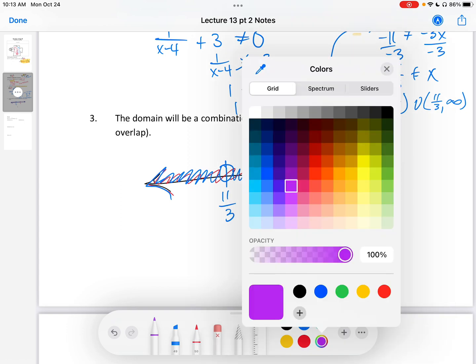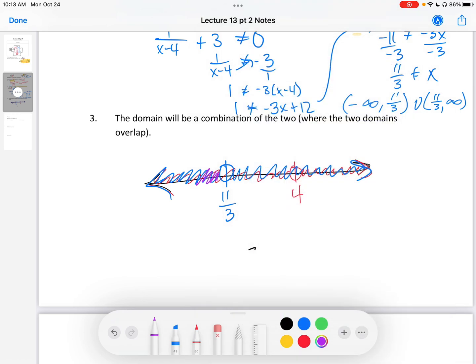So what does red and blue make? Well, it makes purple. Here I see red and blue. In between them, I see red and blue. On this edge, I see red and blue. Now at 4, I only see blue because the red is an open circle. And at 11 thirds, I only see red because the blue is an open circle.